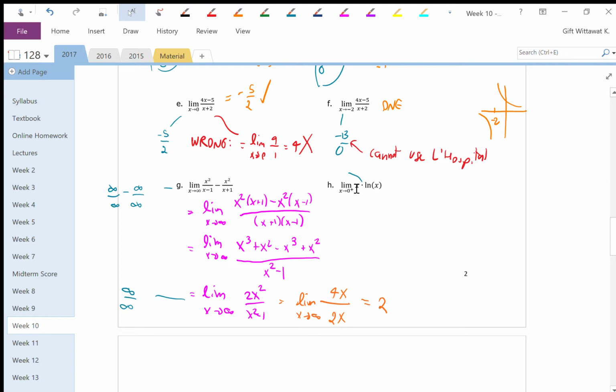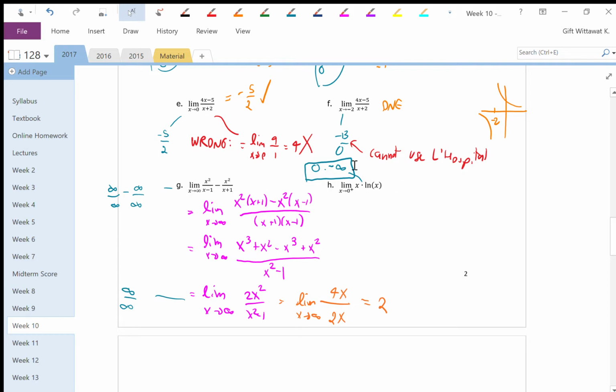That's going to be 0 times negative infinity. Now then, 0 times infinity, this is not something we can use L'Hopital's rule with. And even worse, I have x times log of x. This is not a fraction, so I cannot even use L'Hopital's rule here, so something funny is going on.